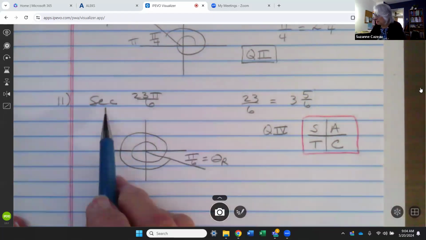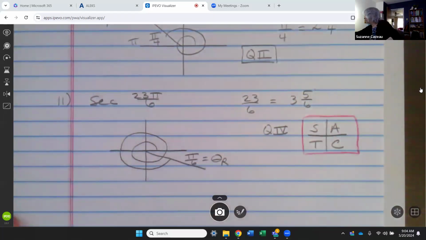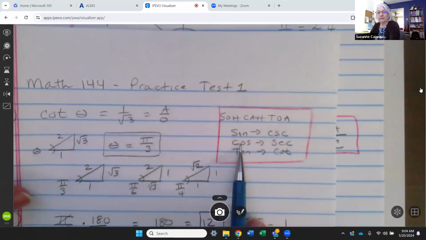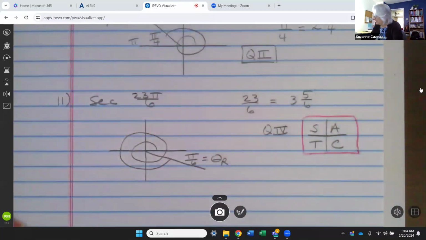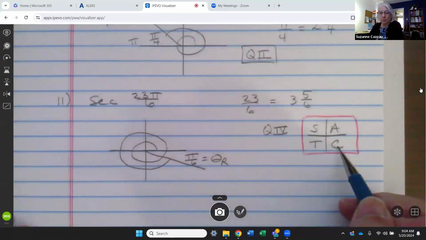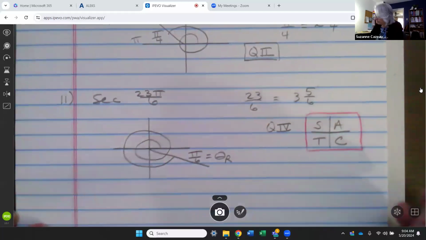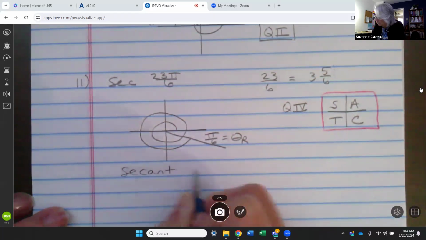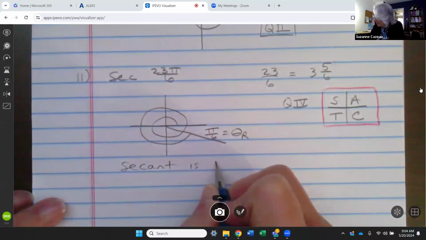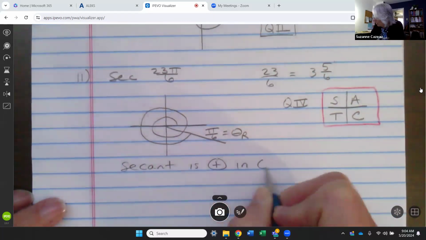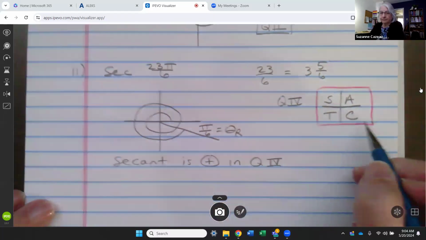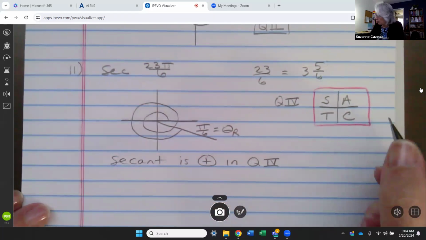So secant is the reciprocal of cosine, which means secant is positive in quadrant 4. So let me write that down. Secant is positive in quadrant 4, and that's because of this.